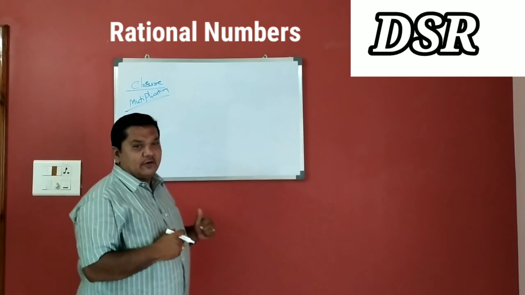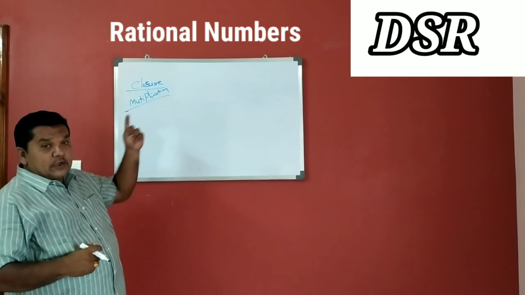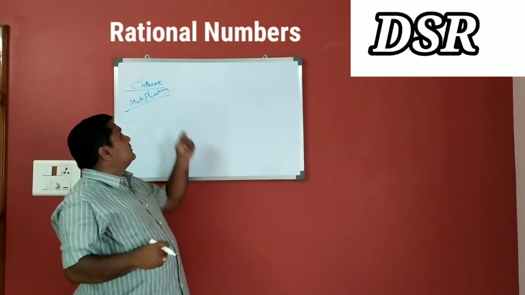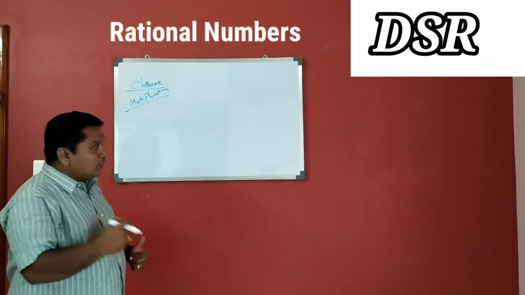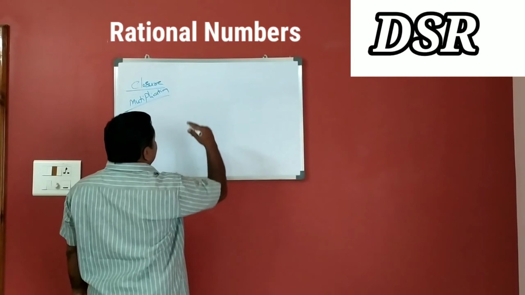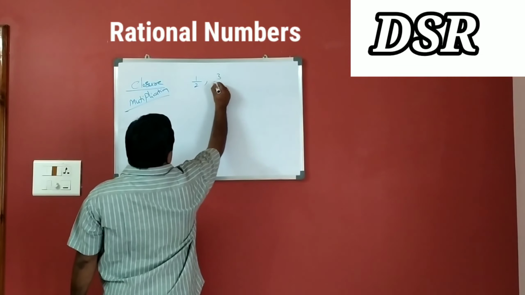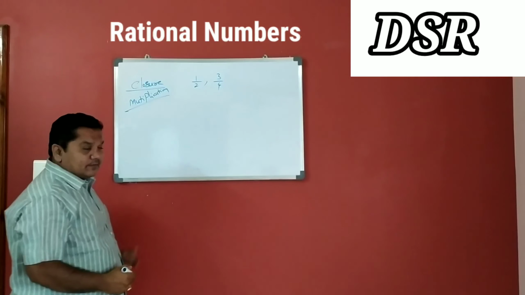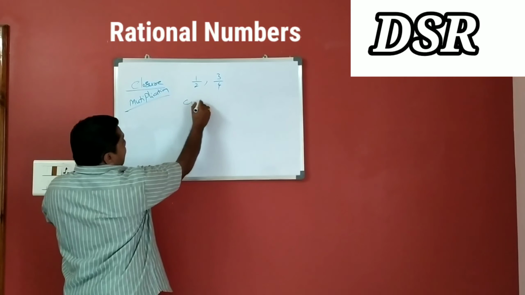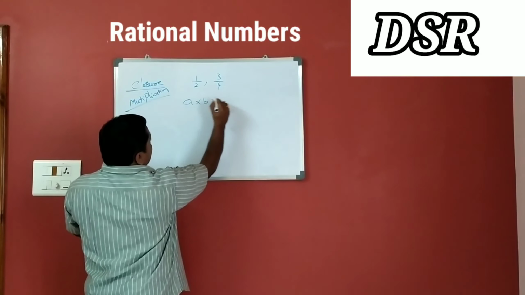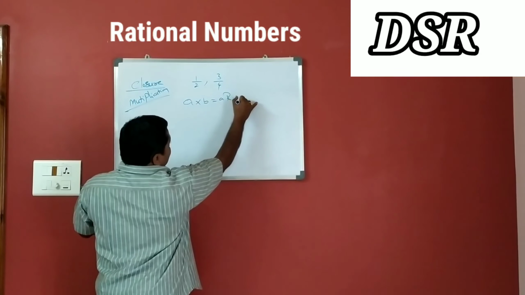Now the closure property under multiplication. As in the previous case, we take two numbers: one is 1 by 2 and the second is 3 by 4. Then what is the condition? A into B equals a rational number.